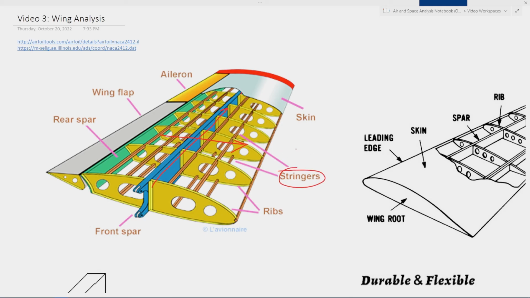Right, so the skin will have aerodynamic pressures on it from the flow moving around it. Essentially, if we draw a skin panel here, this will have a pressure force on it. In the case of the top of the wing, the pressure is going to be up, so it's essentially trying to pull the skin up.